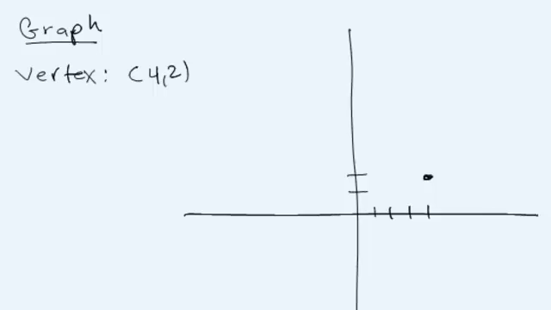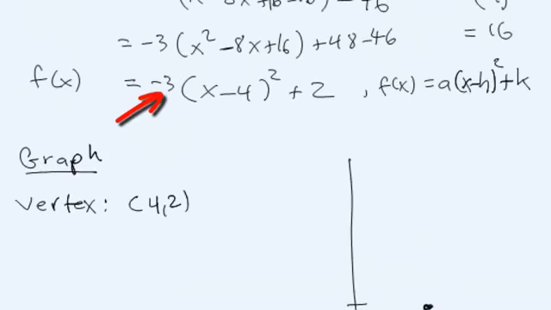Next, all I need to do is find another point. We also know that it opens downward. Remember the a term here is negative, so I know it's going to go down, and we're going to have two x-intercepts somewhere.